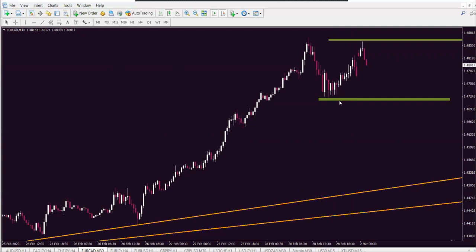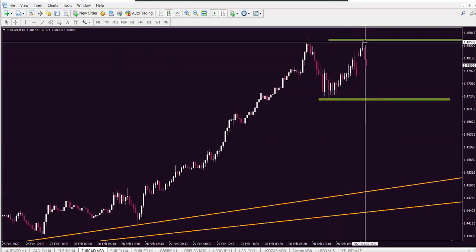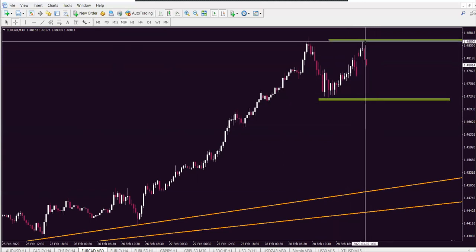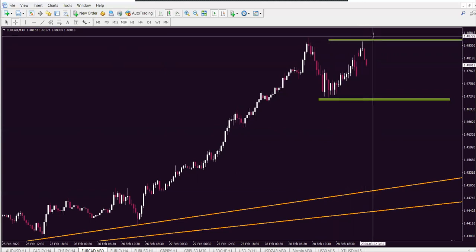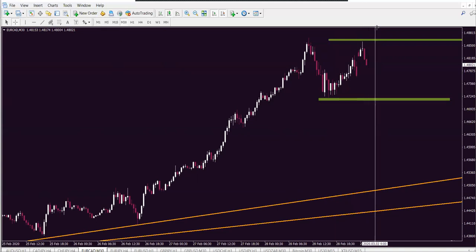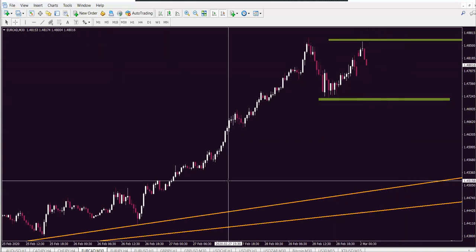So this low is still valid. If we get a strong break of this low without price going above this high right here, I would definitely sell. And if I get a strong break of this high without price breaking below this low, I would definitely buy. So that's it for EURCAD.